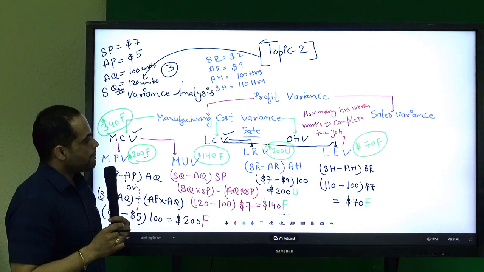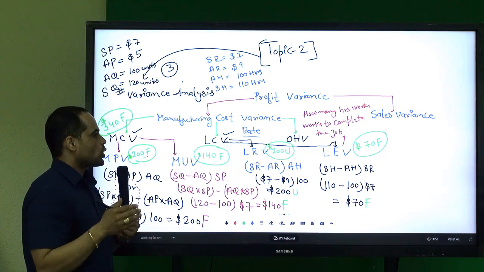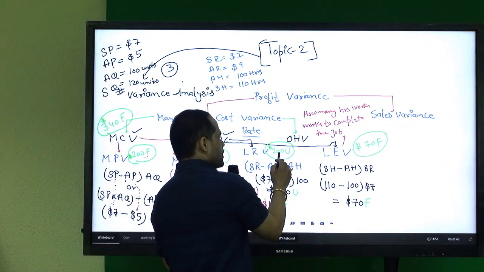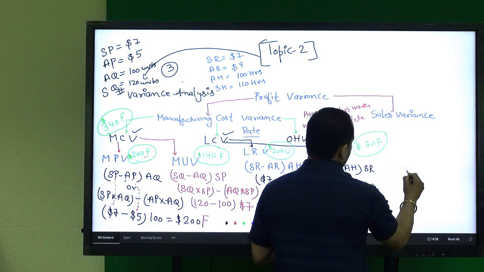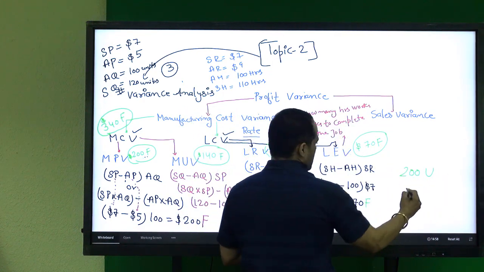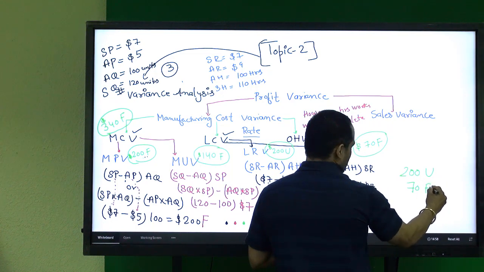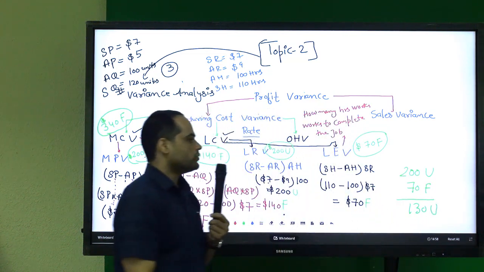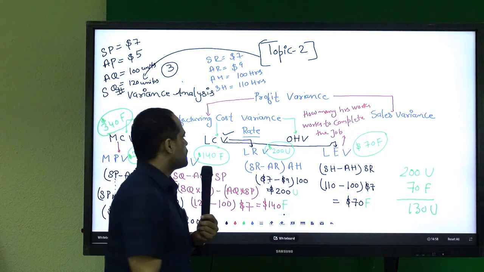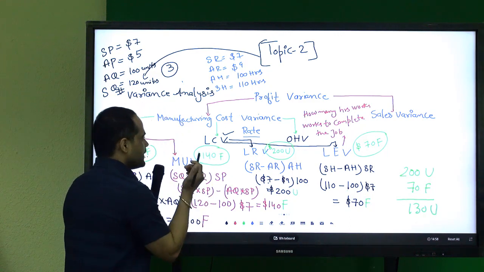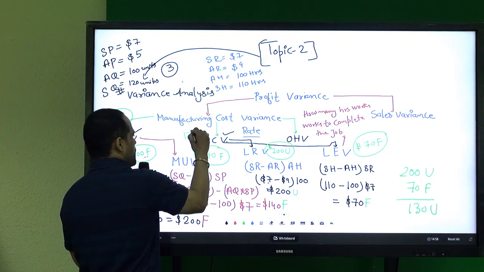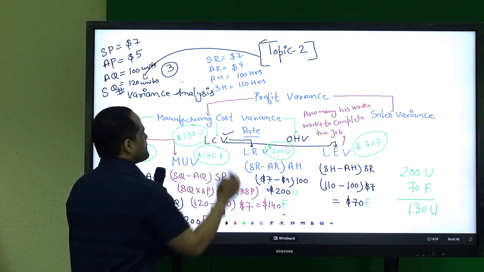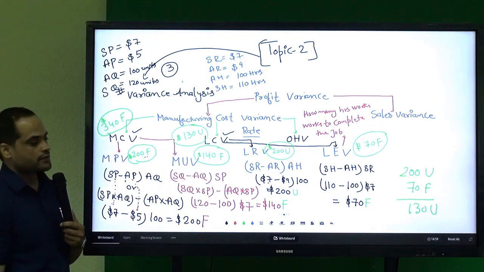Now what is my labor cost variance? My labor rate variance is 200 U and efficiency variance is 70 F, which means 130 U. So my labor cost variance is 130 U. That is my labor cost variance.